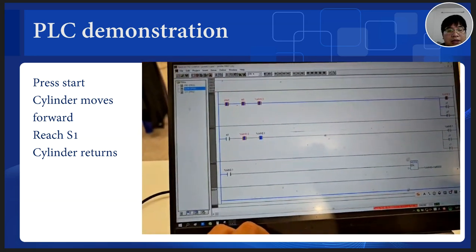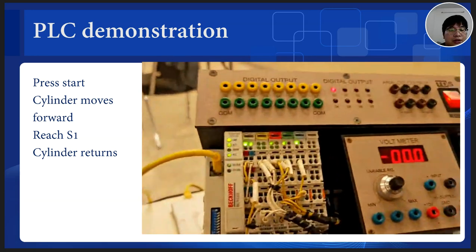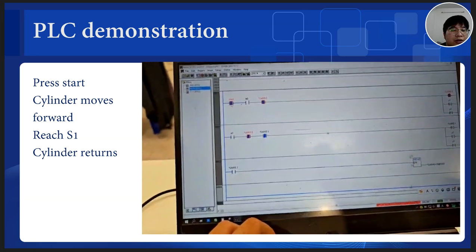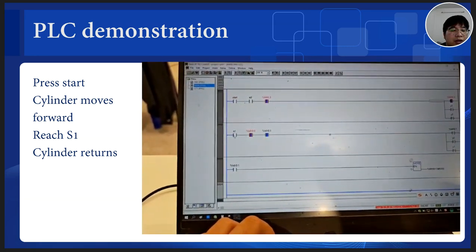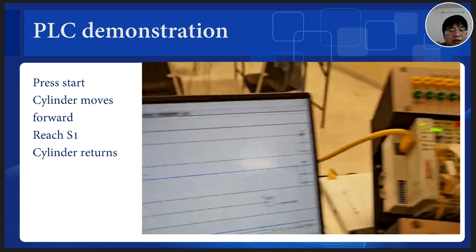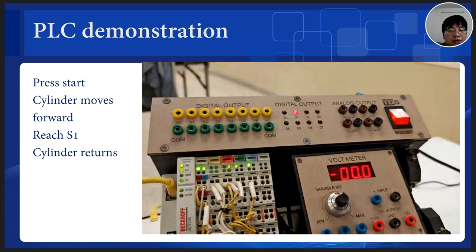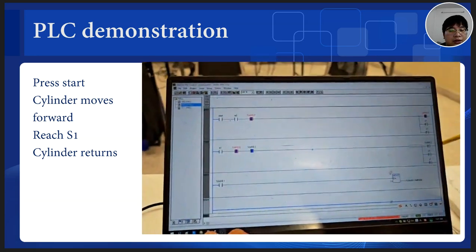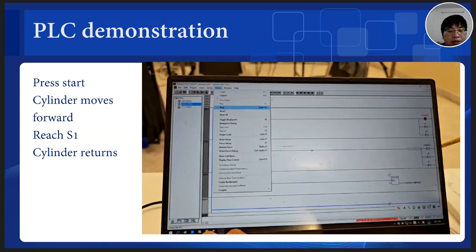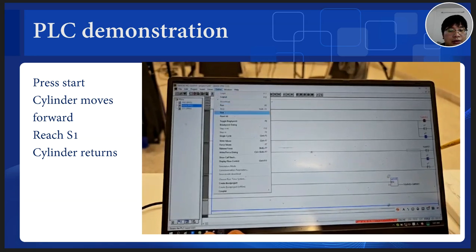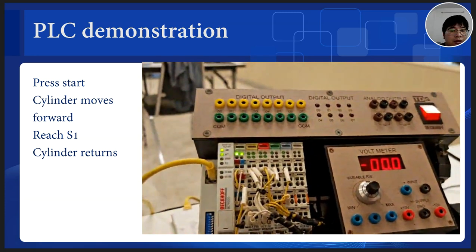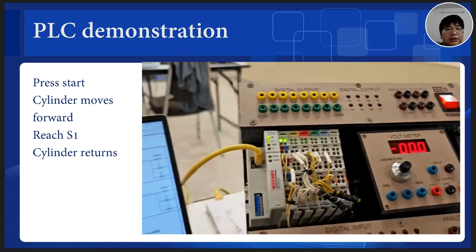Then the slider reaches the limit switch S1. The controller logic changes the output signal. After that, the slider returns to its original position. This demonstrates that the PLC program works correctly on the real hardware system.